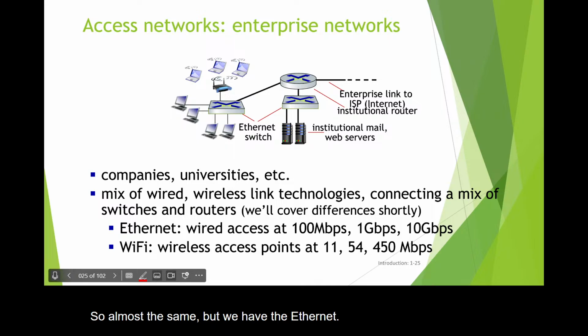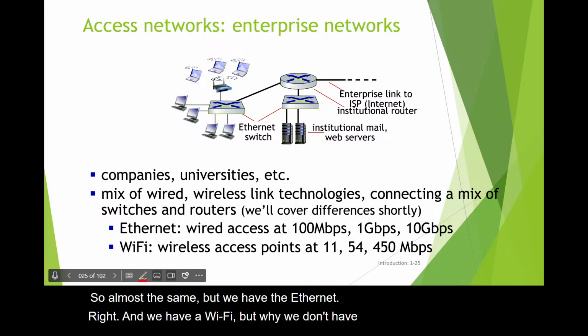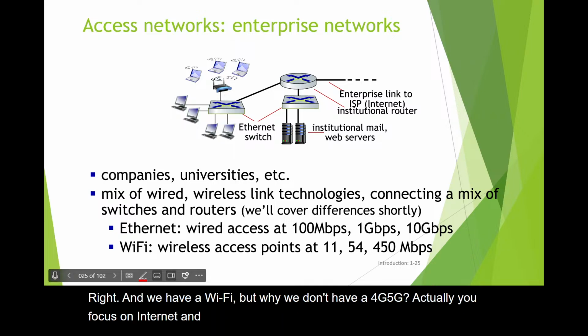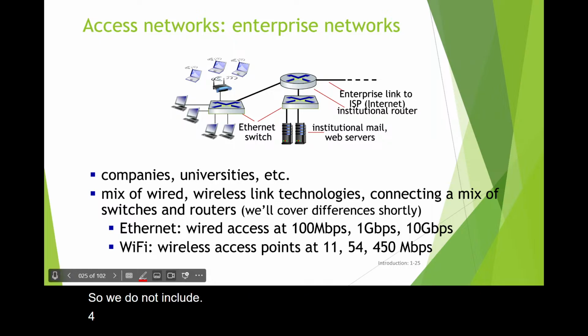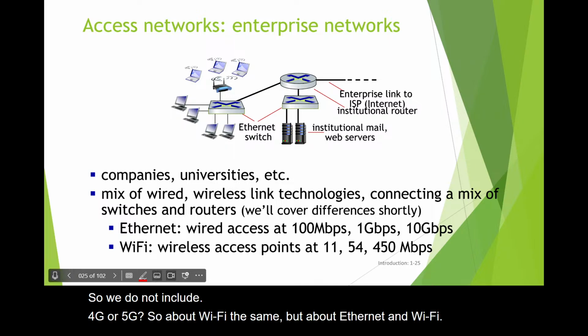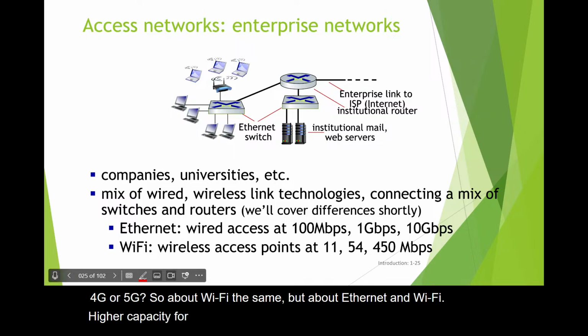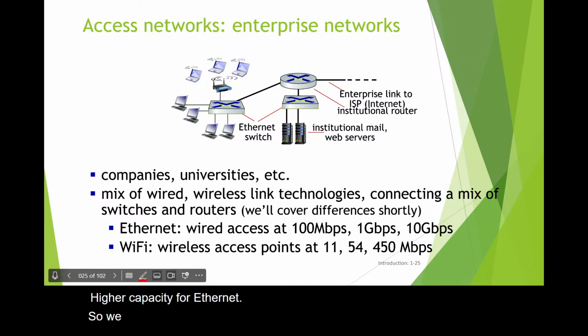And we have Wi-Fi, but why don't we have 4G, 5G? Actually, you focus on Ethernet and Wi-Fi simply for company or university. It doesn't mean that at the university you are pushed to use 4G or 5G, right? So we do not include 4G or 5G. Wi-Fi is the same, but between Ethernet and Wi-Fi, Ethernet has higher capacity, so we expect to use Ethernet possibly.